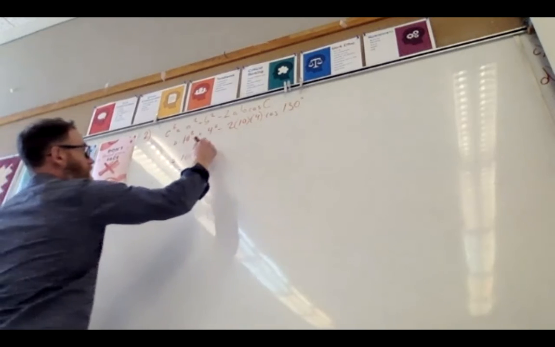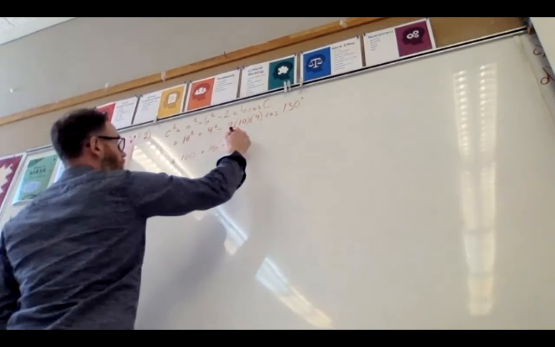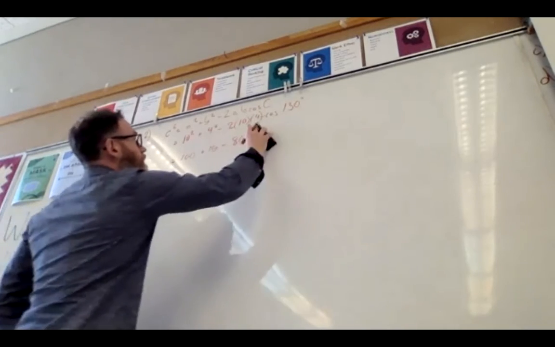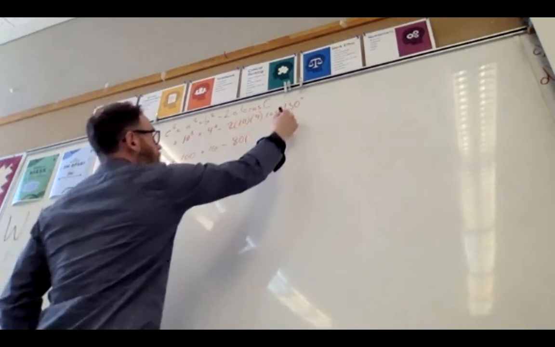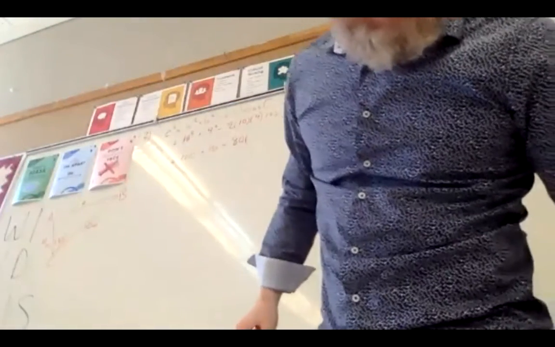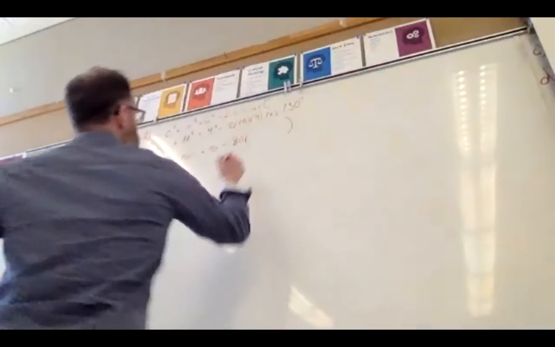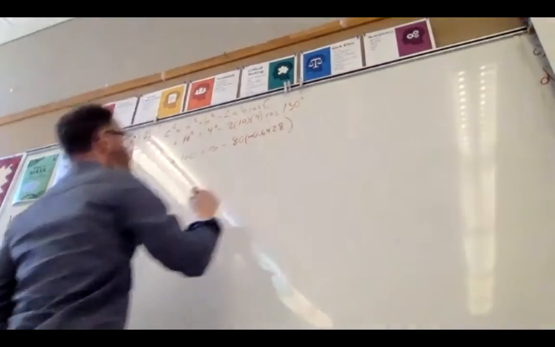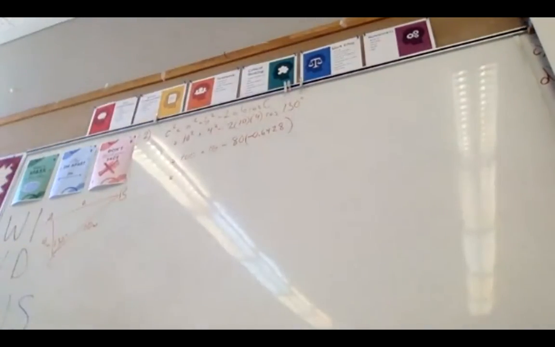So it's 100 plus 16 minus 20 minus 80. Oh, I'm going to do cos of 130. Cos 130 is negative 0.6428. Times 0.6428.